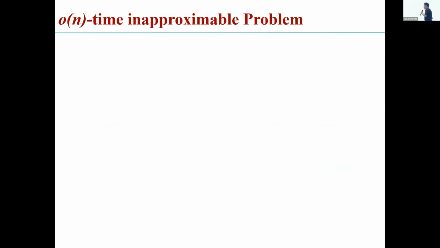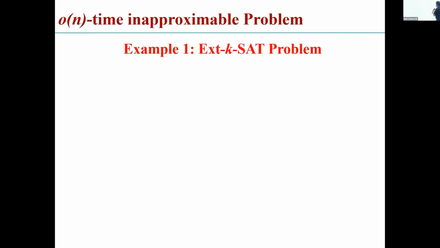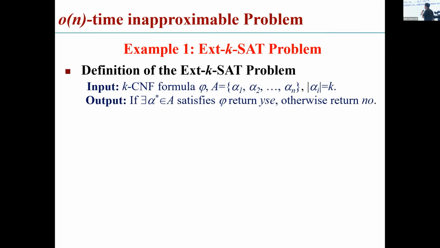Now, we come to the problems that cannot be approximated in sublinear time. Example 1 is the EXCK-SAT problem. The definition of the problem: the input is a K-CNF formula phi, and A is a set of assignments alpha 1, alpha 2, ..., alpha n.